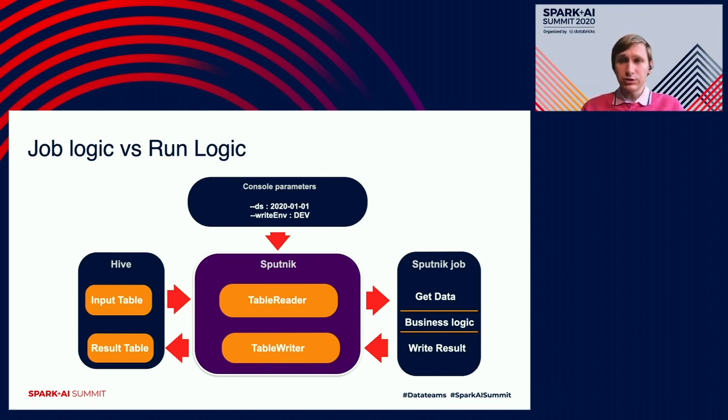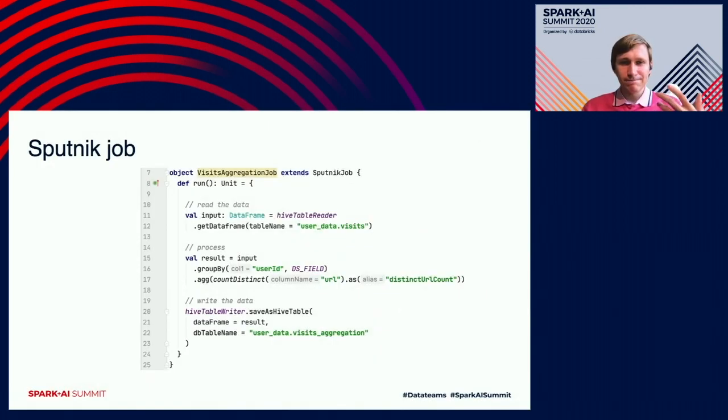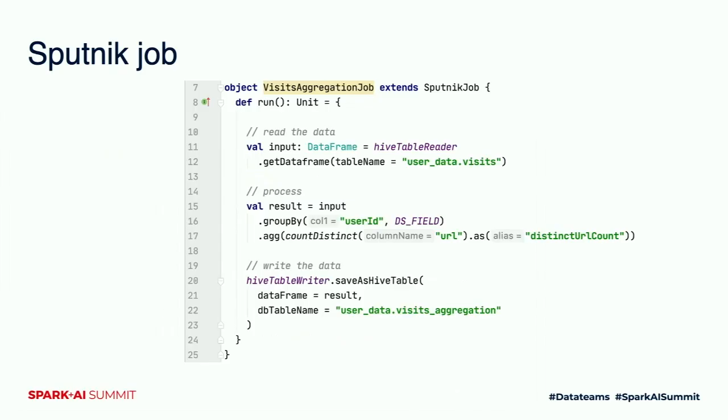So the typical Sputnik job code would look like that. You have some job, which is an object. You extend Sputnik job, which is a trait. You read some data from the Hive table reader, and you're passing information about which table you're reading from.